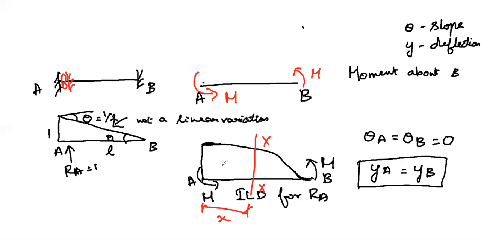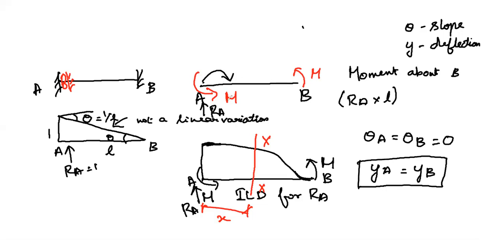So how will you calculate? Here is the RA, and here one moment is acting. You may consider this image also. Here is your reaction, this moment and this moment. You have to consider these three things. RA into its corresponding distance L will act in the clockwise direction.